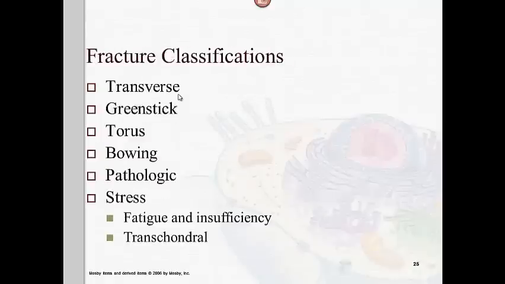Greenstick is very common in the pediatric population because of the flexibility of the cortex. Basically, the cortex is perforated, but there is no substantial disruption of the cortical bone.